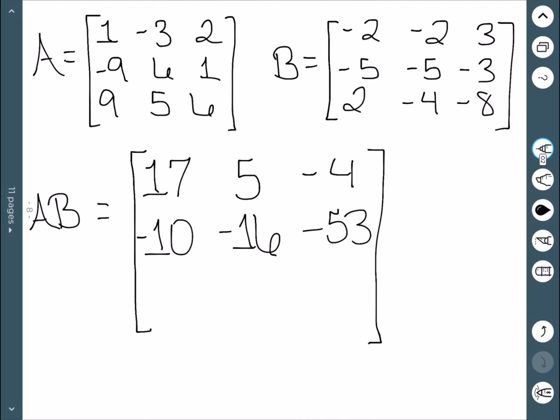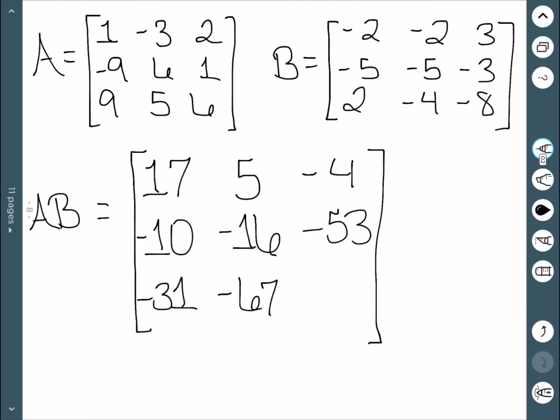Finally, the third row. Third row, first column, 9 times 2 plus 5 times negative 5 plus 6 times 2 is negative 31. Third row, second column, 9 times negative 2 plus 5 times negative 5 plus 6 times negative 4 is negative 67.